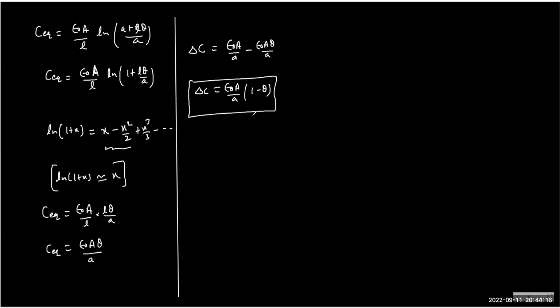Understood? They may ask you the new capacitance after the tilt has happened. The separation was A in the beginning, then you tilt slightly on the other end, and it will change proportional to theta, only when theta is very small.